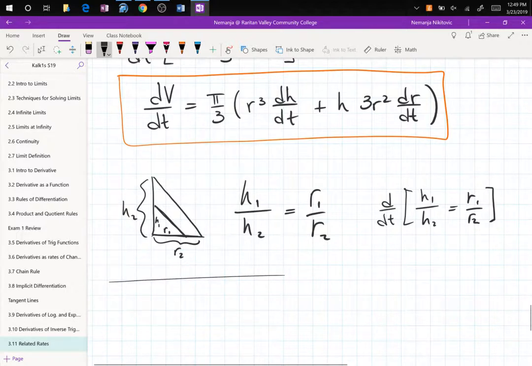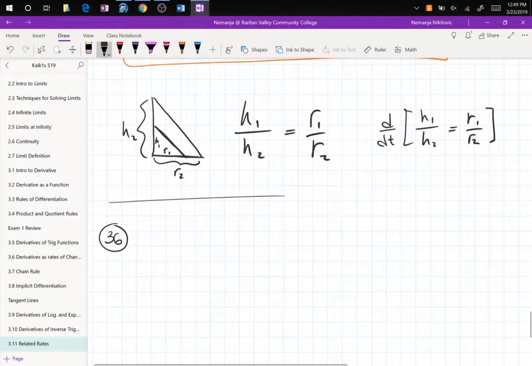So let's take a look if we can find the cone. Draining a conical tank. Problem 36.